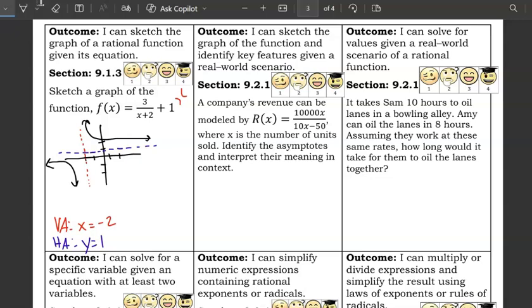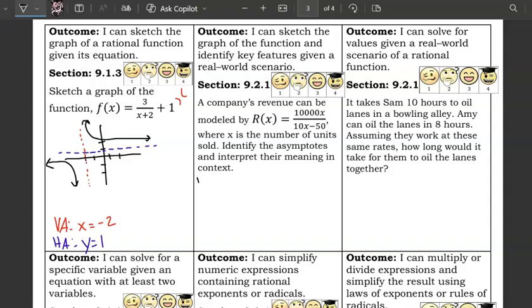Outcome: I can sketch the graph of the function and identify key features given a real-world scenario. A company's revenue can be modeled by R of x equals 10,000x over 10x minus 50, where x is the number of units sold. Identify the asymptotes and interpret their meaning in context.